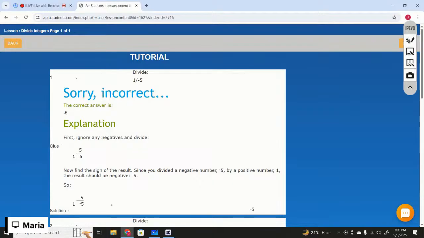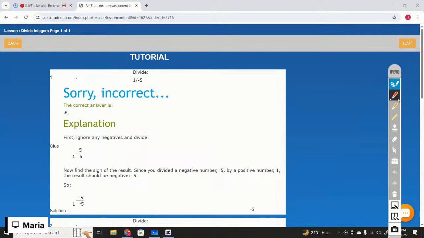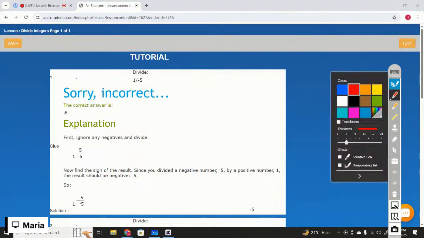It is actually like this. You are dividing -5 by 1, right? So 1 times -5 is -5. So the answer is -5, right? When you are dividing a negative number by the positive number, answer must have a negative sign. Got it?